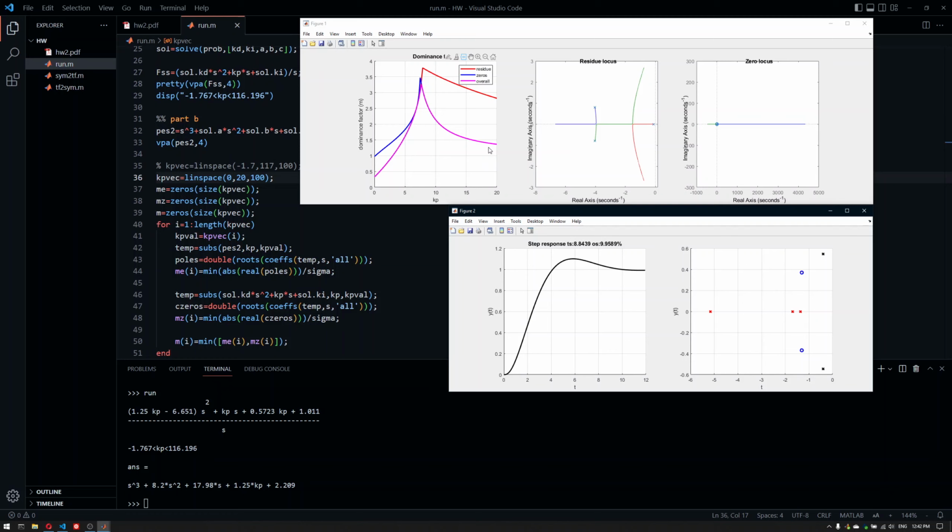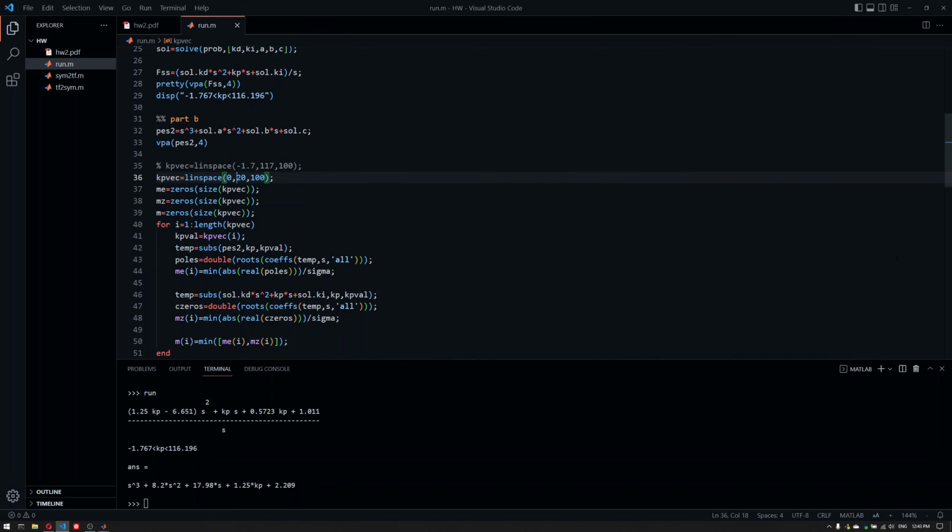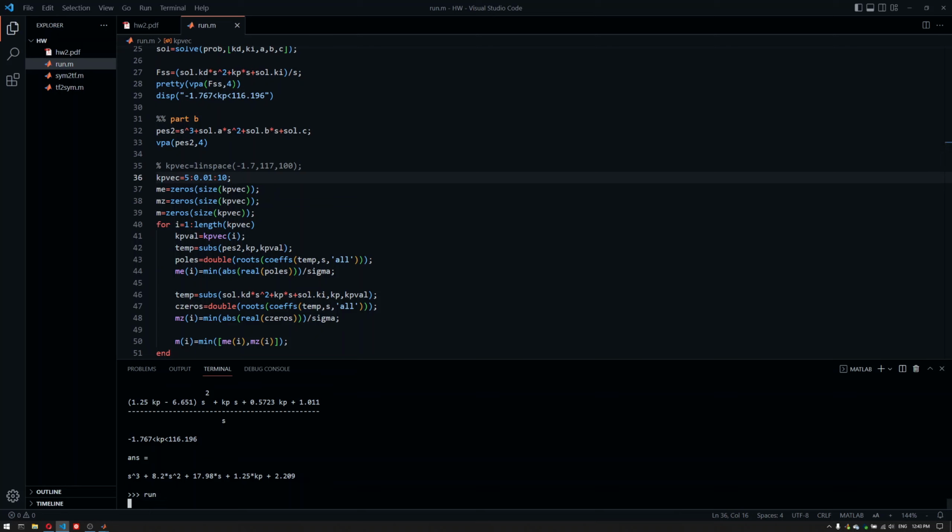We can see that it will never be 20, so it's between 5 and 10 maybe. So let's have 5 and 10 here. From 5, 0.01 up to 10. So that should be basically it.